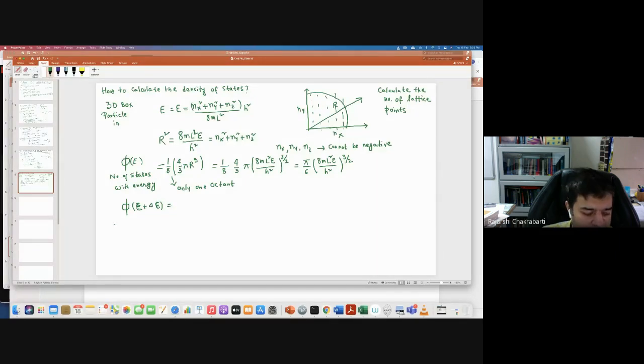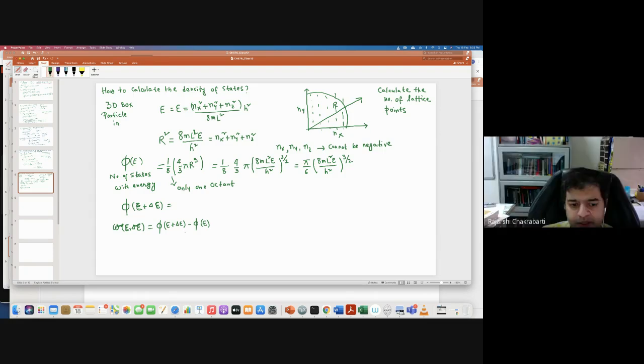But then what we are really interested in is this: what is the number of states between energy epsilon and epsilon plus delta epsilon? So we are interested in this. Is this clear?